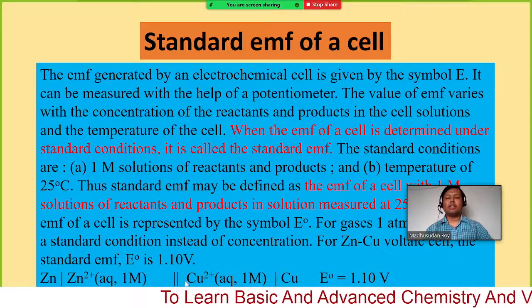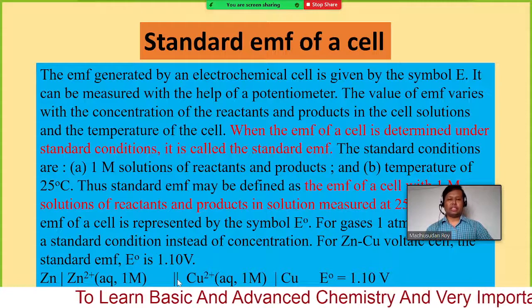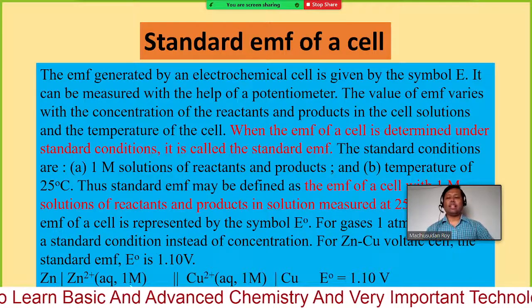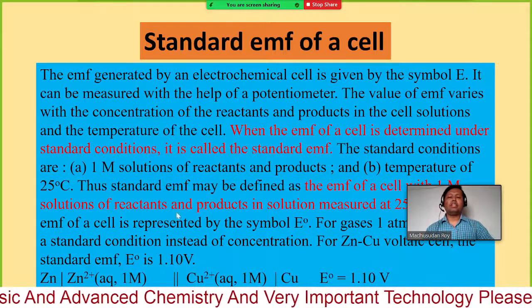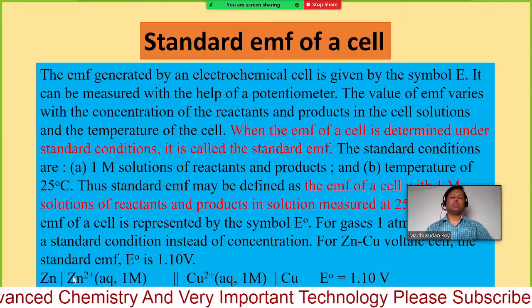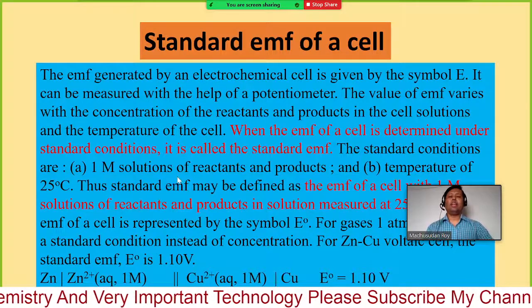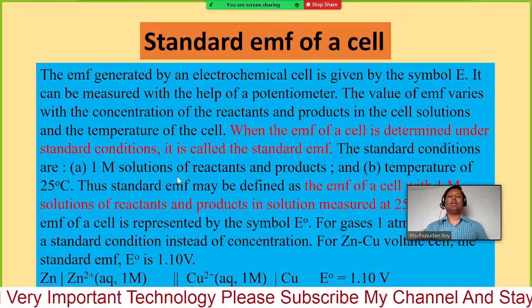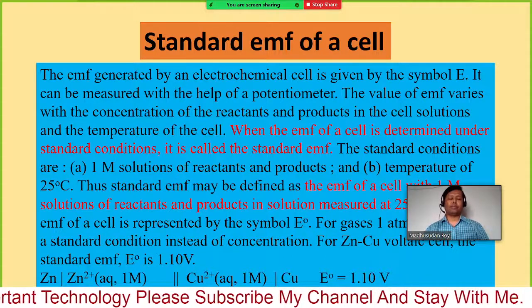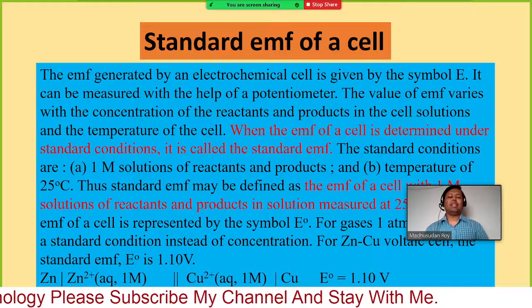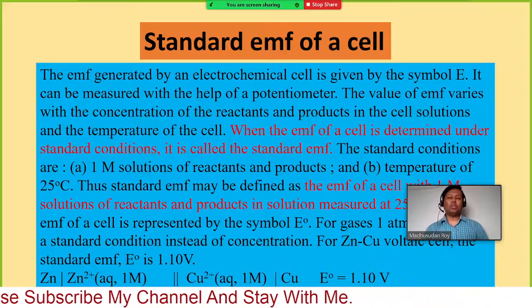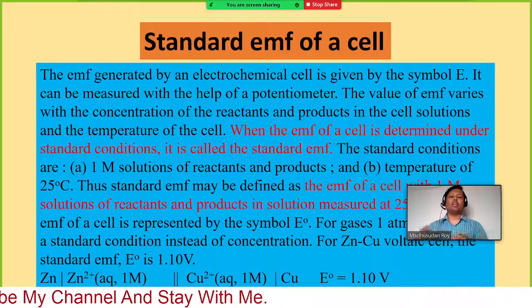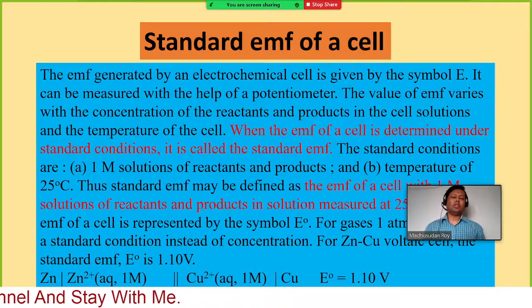Here we have given a salt bridge, so an external connection. If you connect these two half cells and put a voltmeter in between, you can easily determine how much electron flow there is from one electrode to another.